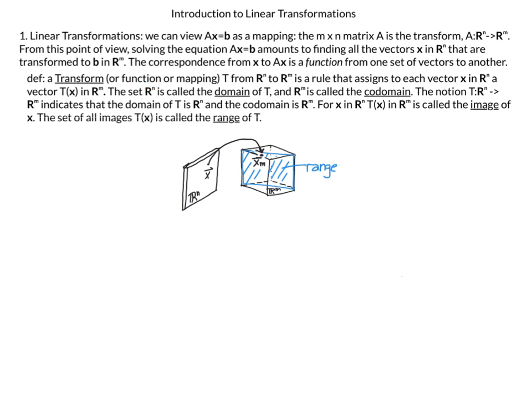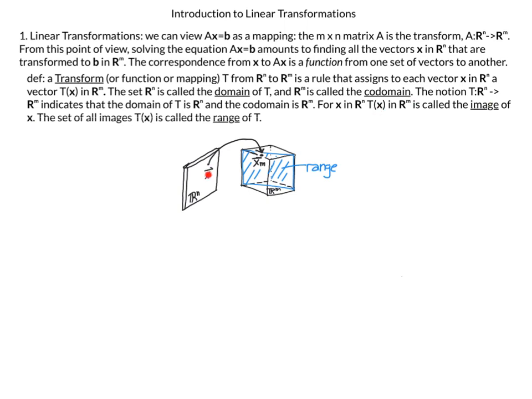The set Rn is called the domain of T, where the things you plug into your function, much like the notation you used in algebra in 6th grade. Rm is called the codomain. The notation T goes from Rn to Rm indicates the domain of T is Rn and the codomain is Rm. And for x in Rn, T of x in Rm is called the image of x.